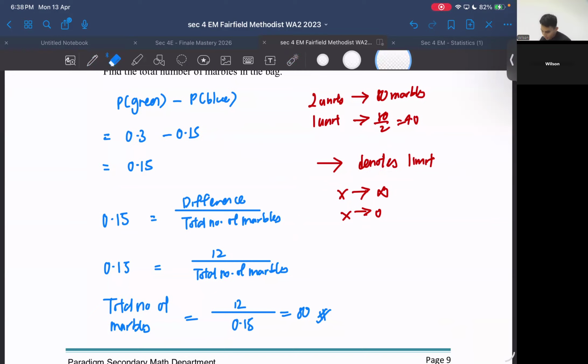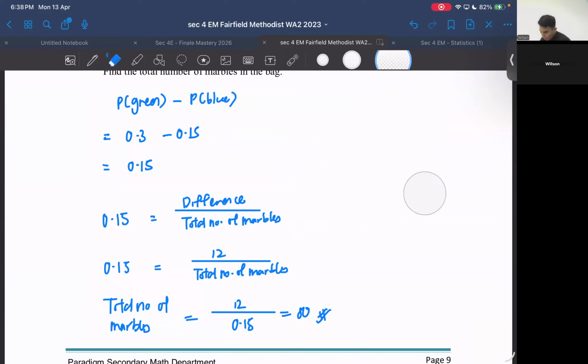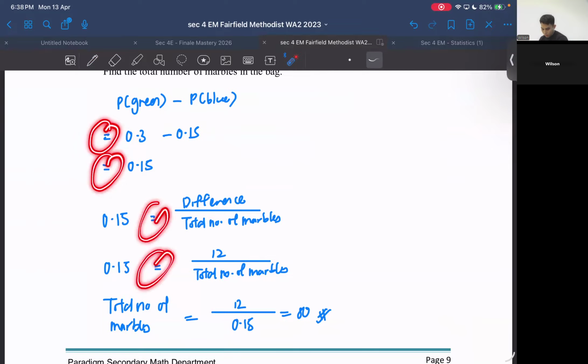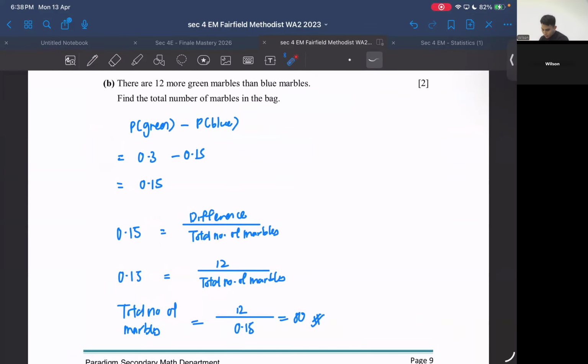Now, because of that, our marking system will be as such. We are all using the equal sign over here. So how I would do this question: they say there are 12 more green marbles than blue marbles. Some of you managed to find out the probability of the green minus the blue over here, which is good.